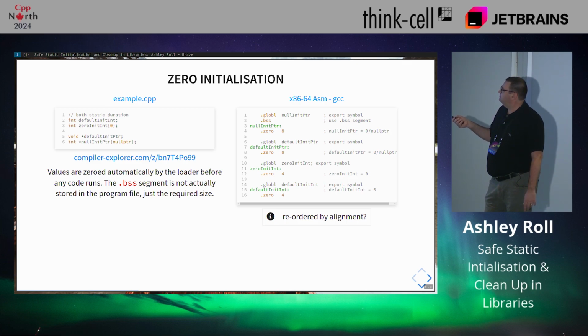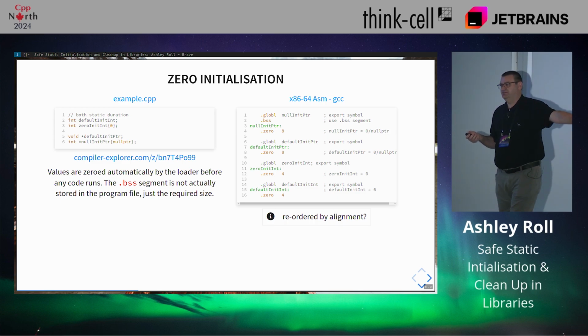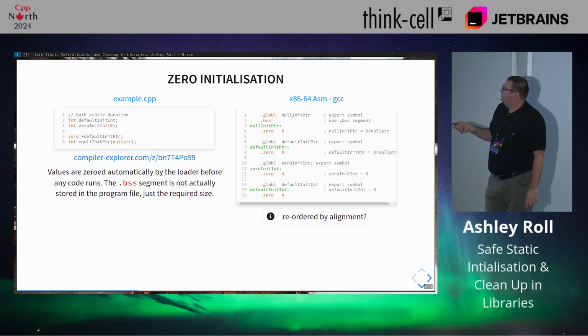So in this case, again, we're exporting all of these symbols. We start in the BSS segment, which means all of these go into the magic zero segment, which we don't need to store, but we're going to allocate anyway. And in this case, in GCC, it uses a zero directive, which says, I want to allocate 8 zero bytes, please. So a 64-bit integer, because these are pointers here.